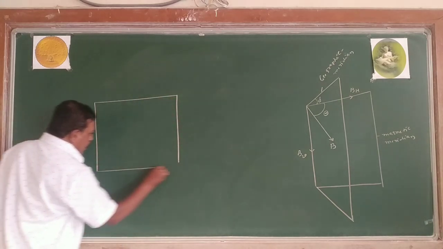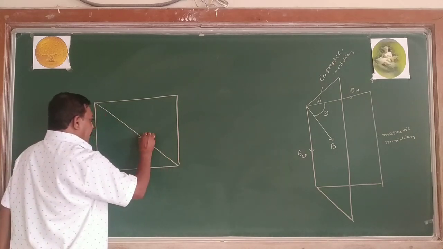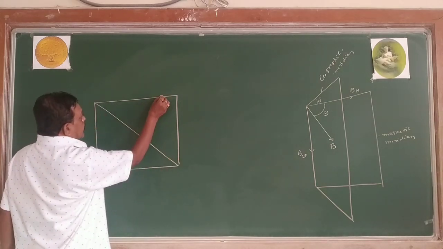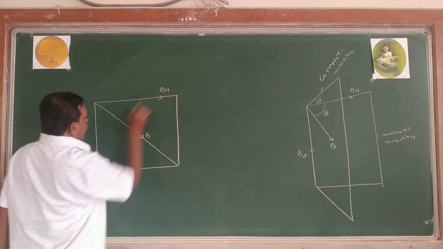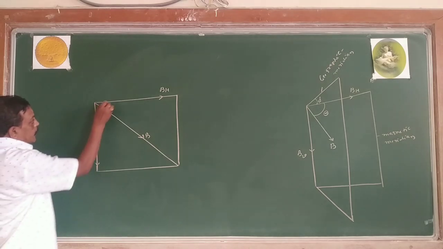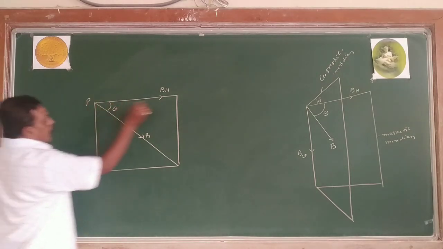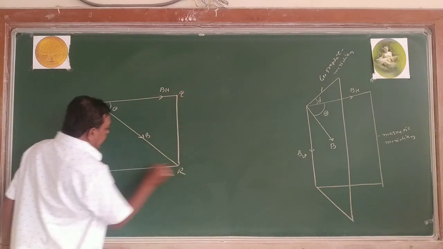Now this is the resultant magnetic field B, and this is BH, and this is BV. This is theta. I call the points P, Q, R, S. Right?